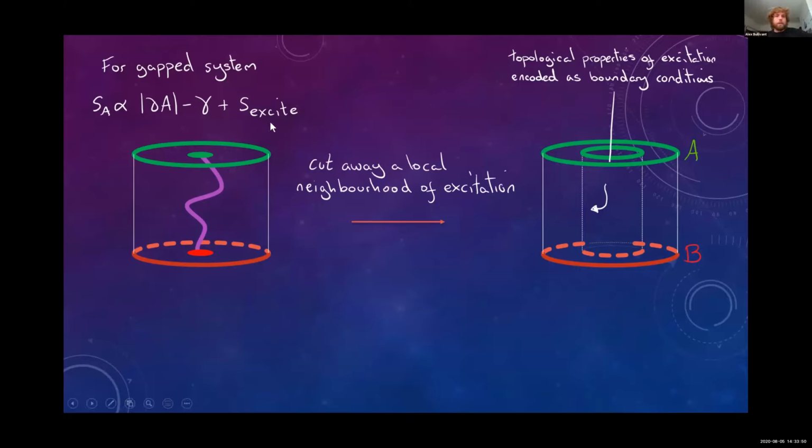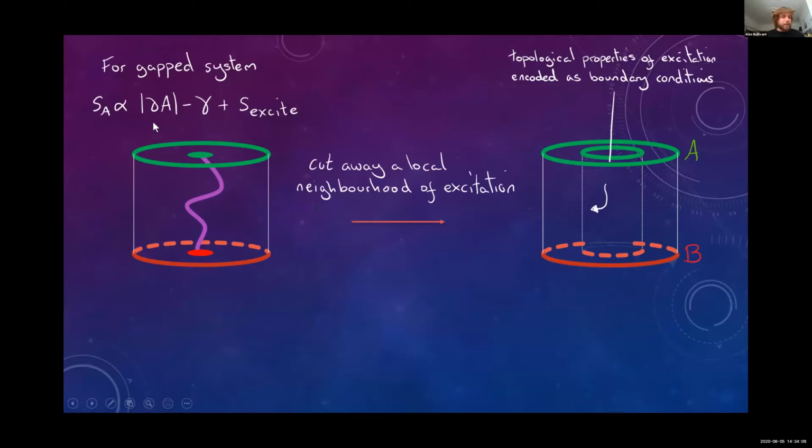And what we do is we say that if I have a gapped system, in particular these topological models are going to be the fixed points of my theory, then the correlations of the theory, the entanglement between some region A and region B, is in essence localized on the boundary.